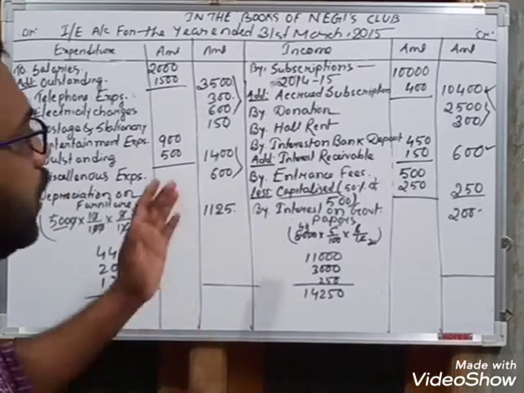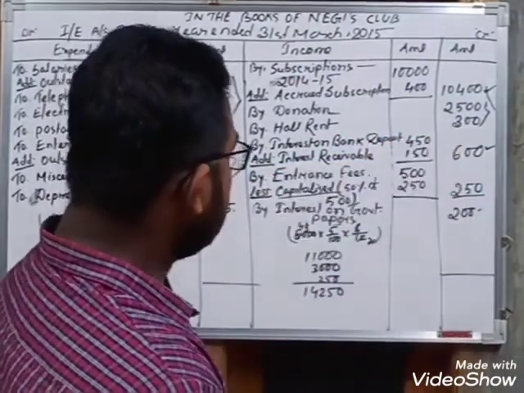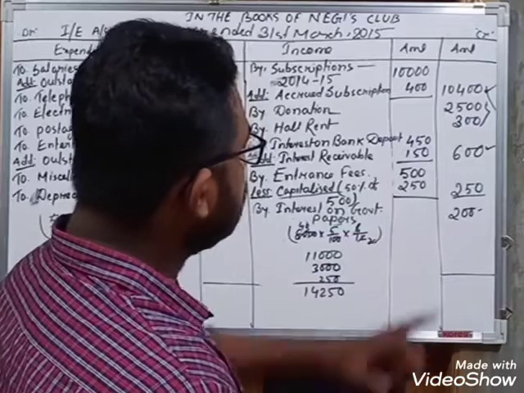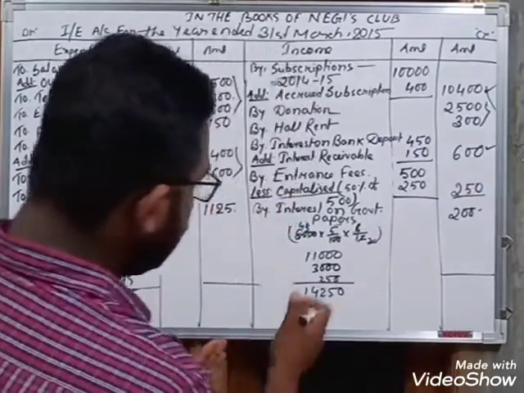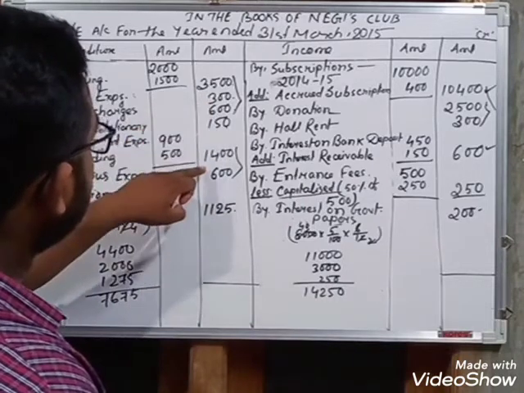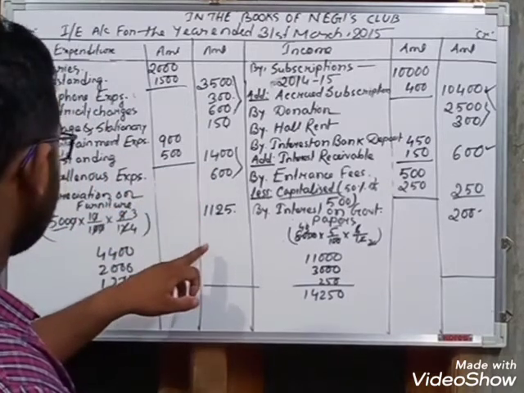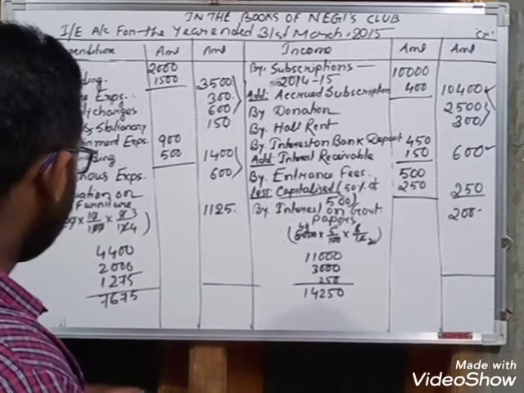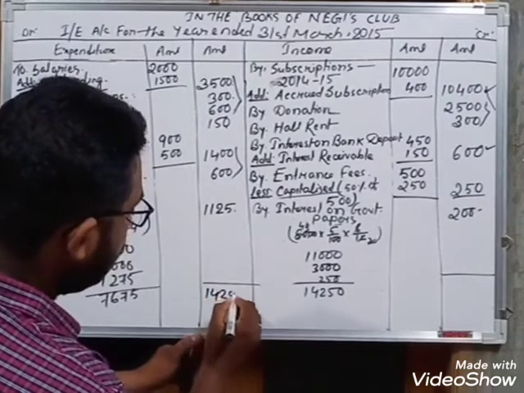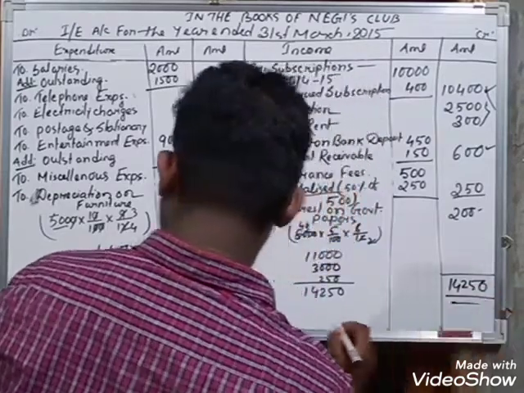Let's calculate again. 10,400 plus 600 is 11,000, and here 2800 plus 200 is 3,000, plus 250, 3250, so 14,250. Expenditure: 3,800, 4,400 plus 2,000, that means 6,400 plus 1275, 7675. So the income side is more than the expenditure side, so 14,250 is greater, and the difference is 7625.